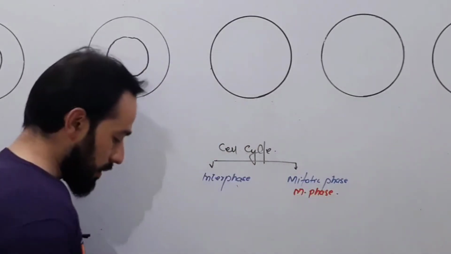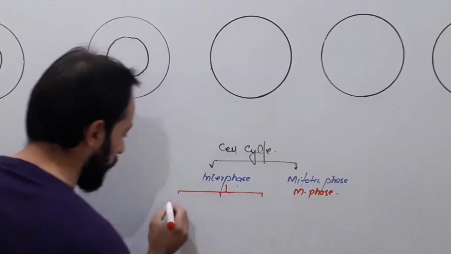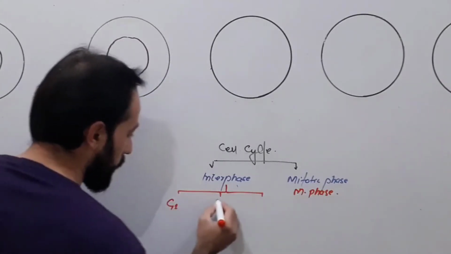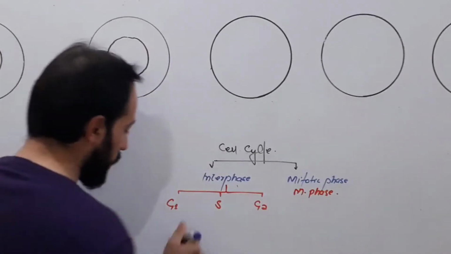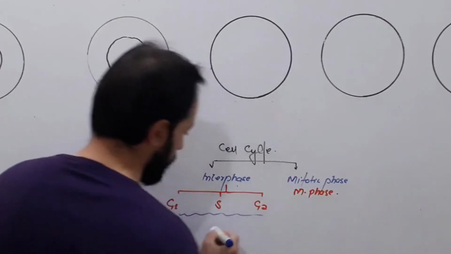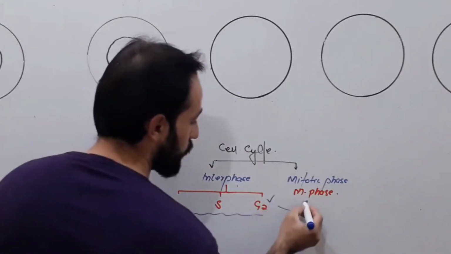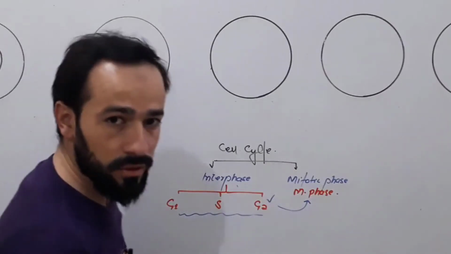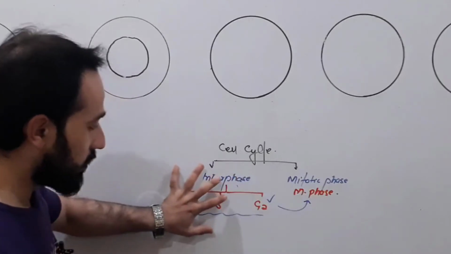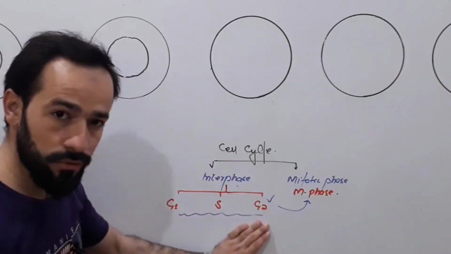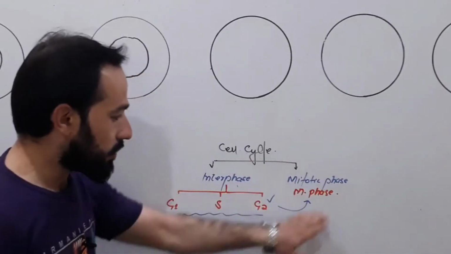Clear? Then this interphase comprised three subphases: the G1, the S and the G2. So when all these steps are done in a cell, then the cell jumps to the M phase, which is called the mitotic phase, right? So we have recorded about interphase, the G1, S and G2 phase. Now we are discussing the mitotic phase or the M phase.